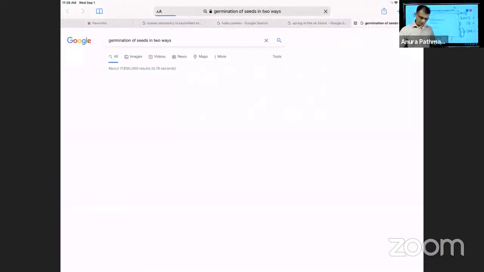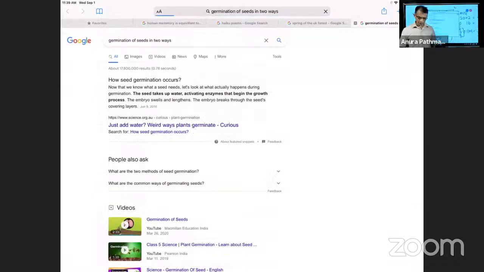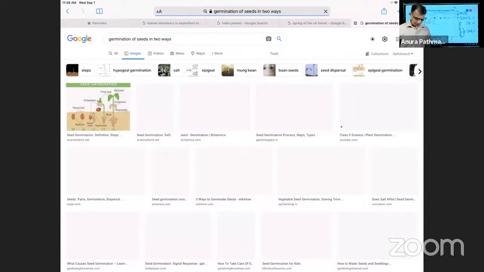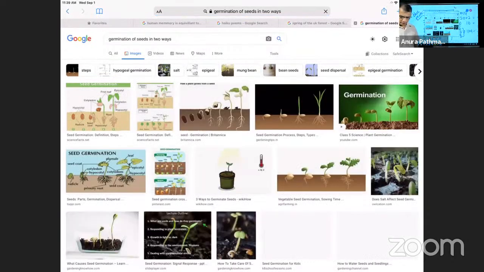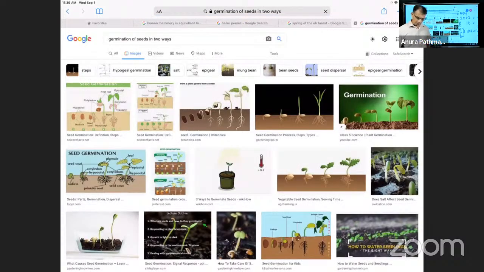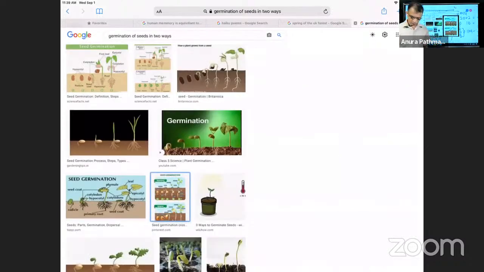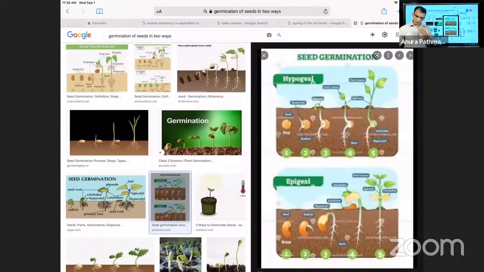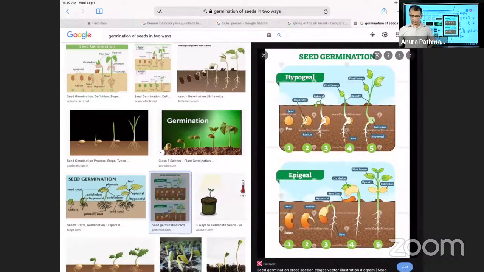The hypogeal and epigeal nature. So what is that? When it is hypogeal, the seed leaves are in the soil. By epigeal, the seed leaves come out.